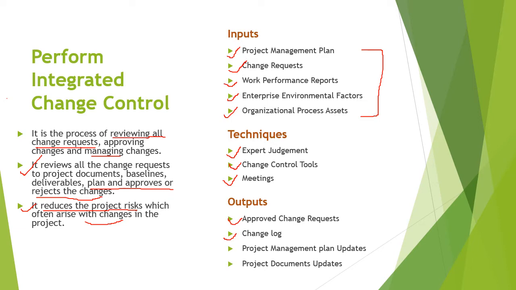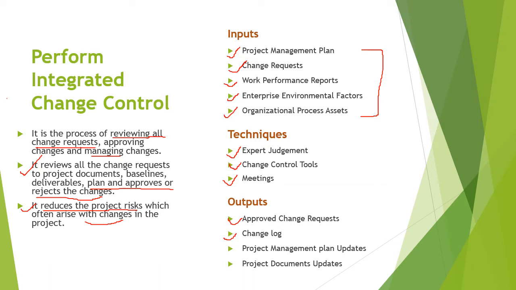Even the rejected change requests are also captured in the change log. So the change log is basically a list of all the change requests and their impact in terms of time, cost, and risks. It is a list of all the change requests, whether they are approved or whether they are rejected due to some other reason, right?